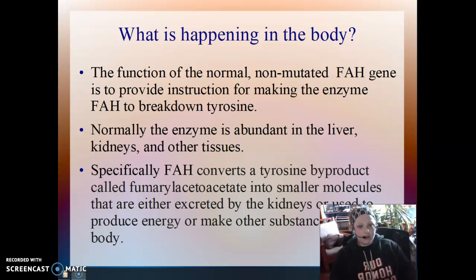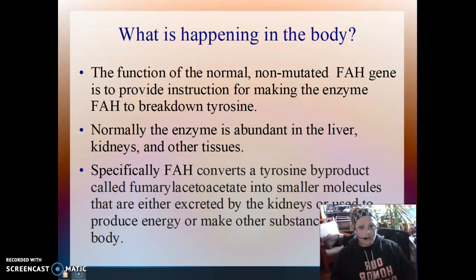So what actually is happening in the body? The function of our normal non-mutated FAH gene is to provide the instructions for making the enzyme FAH to break down that tyrosine amino acid. Normally, the enzyme is quite abundant in the liver, kidneys, and other tissues.